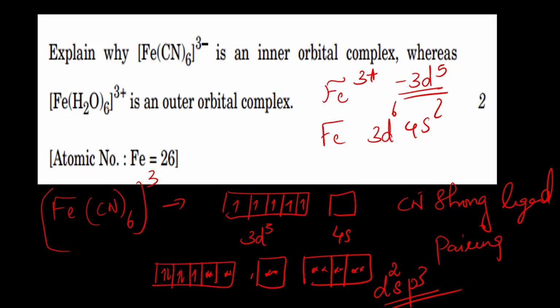Okay, and in the case of H2O, the ion is also 3+, but H2O is what type of ligand? It's a weak ligand, right? Weak ligand, so there will not be any pairing of electrons.